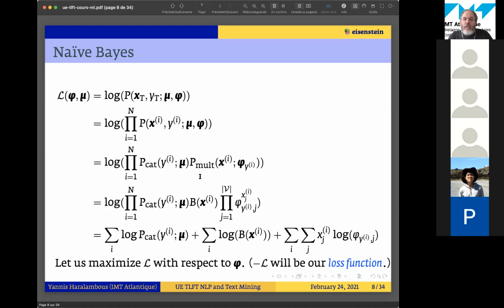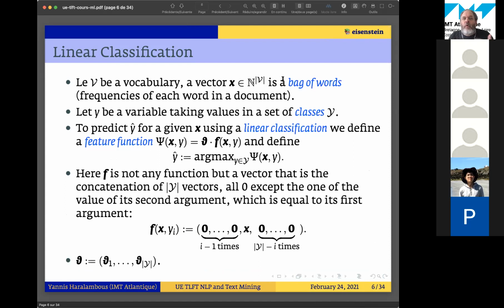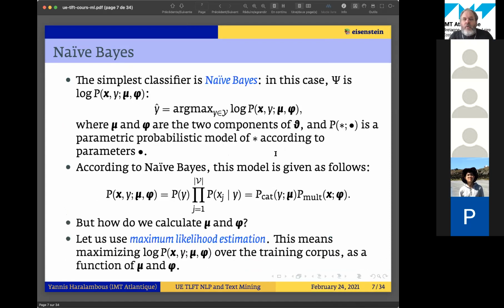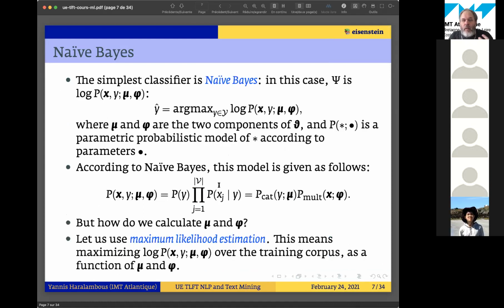So you see, instead of saying immediately that naive Bayes for the example of a bag of words will be based on the relative frequency estimator using this formula here, I started with the probabilistic model.